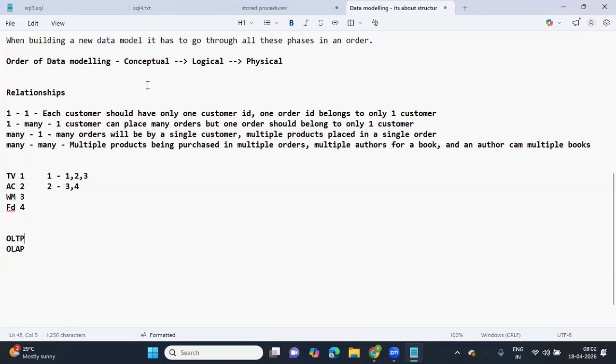That purchasing is a transaction. So OLTP systems are transactional processing systems. OLTP stands for online transactional processing, and OLAP stands for online analytical processing.